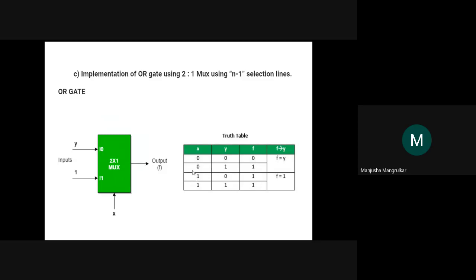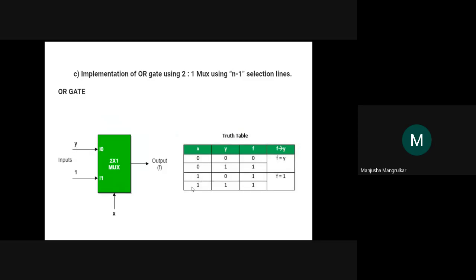Looking at this, where x is 0 in the first and second conditions, y is 0 and 1, and the output is the same, 0 and 1. So I can say that if x is equal to 0, the output f is equal to y.